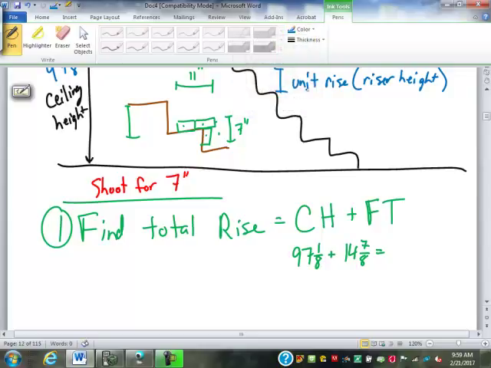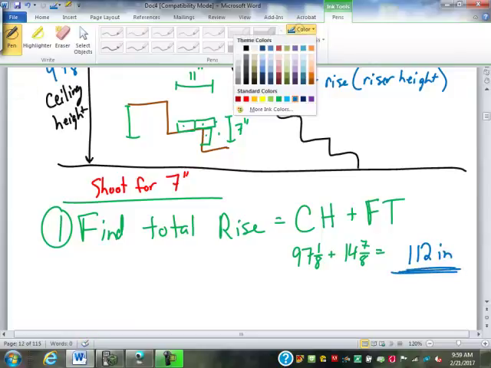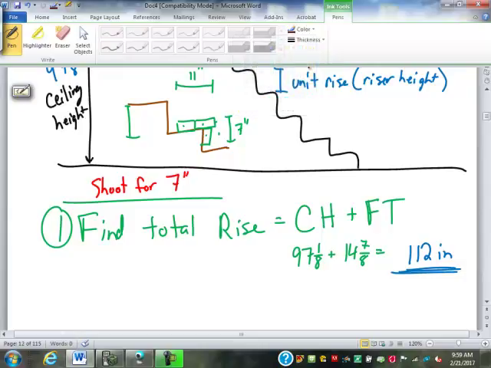And yes, it is easier if these are all in inches. That's 112 inches I just got. That comes out to be 9 foot 4.